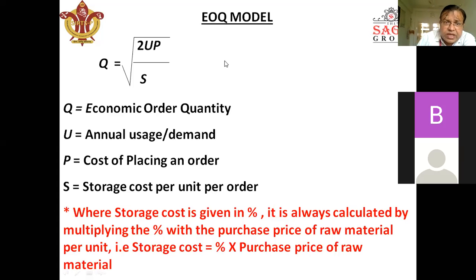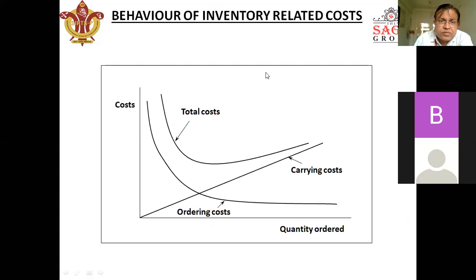Now, next is the behavior of inventory related cost. You can see the graph of this. Here, the graph is plotted between the quantity ordered and the cost of the material.